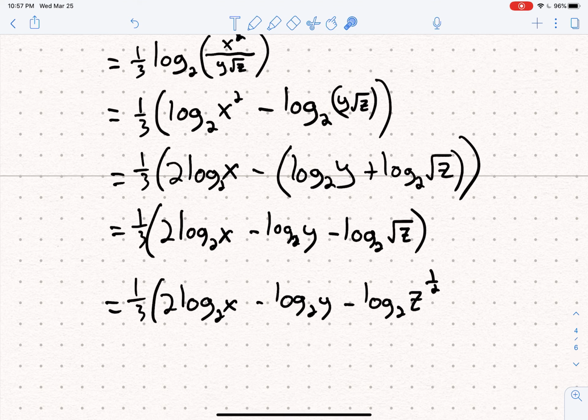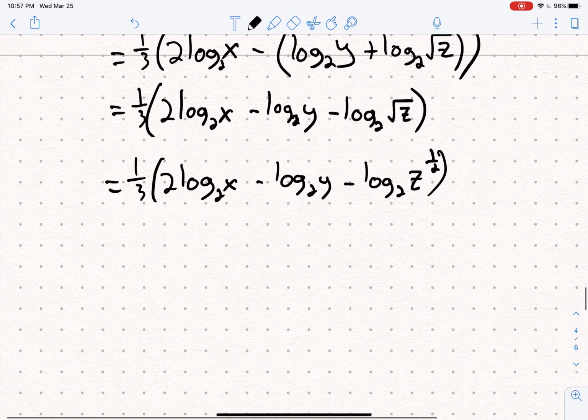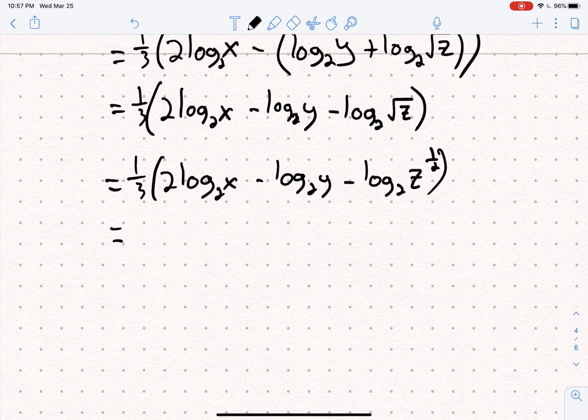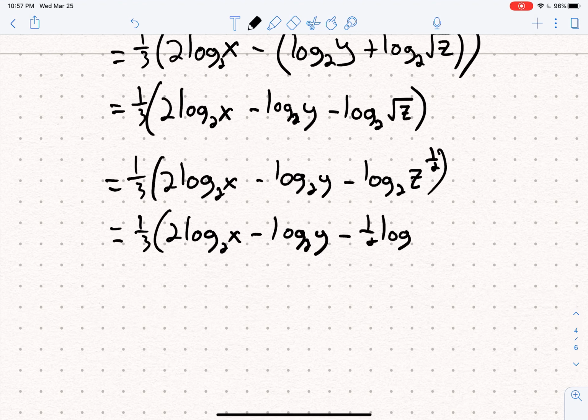And then this z to the half, that's going to move out in front there. I forgot my closing parentheses. There we go. So this is equal to 1/3 times 2 log in base 2 of x minus log in base 2 of y minus 1/2 log in base 2 of z.